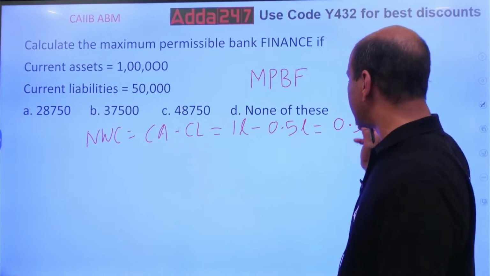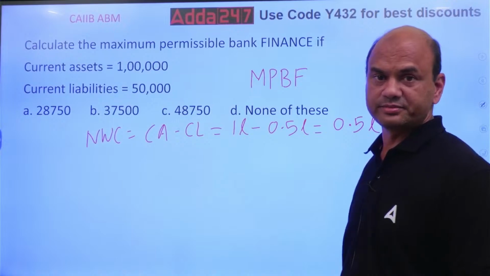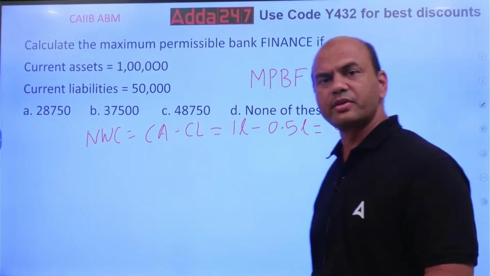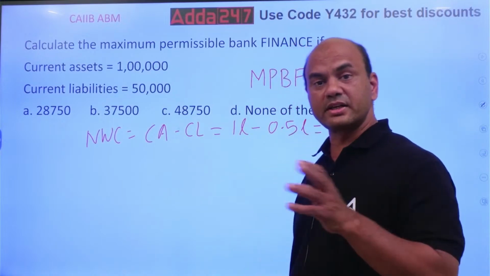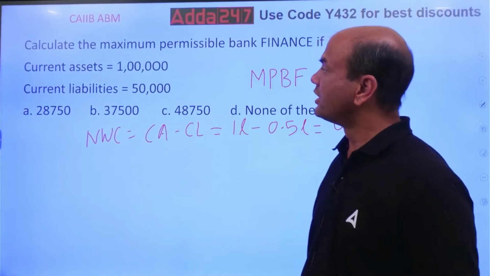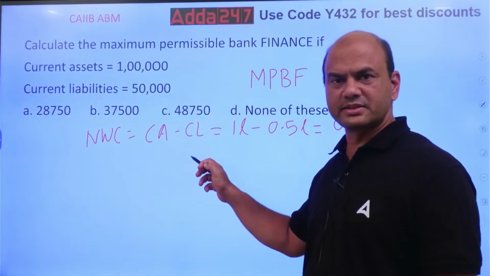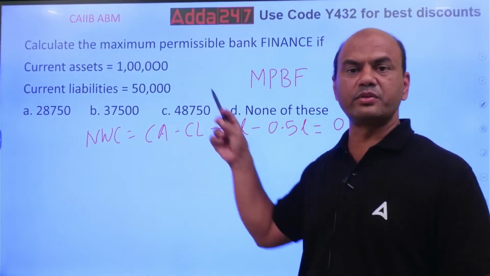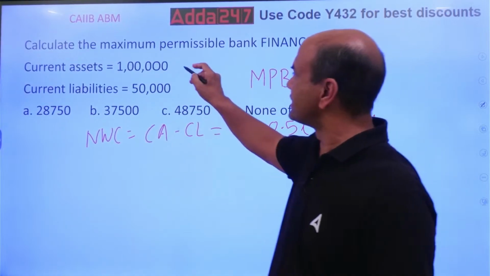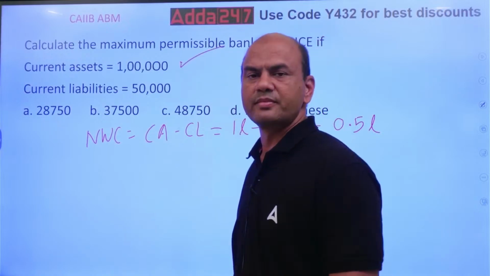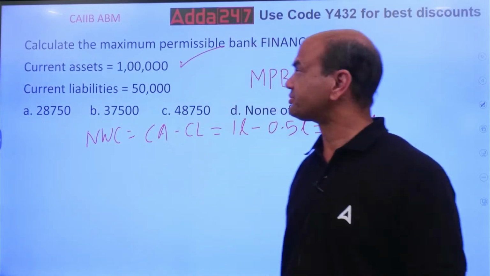This gap is to be filled in. There are 2 types of working capital: gross and net. Net is this, 0.5. If I ask you what the gross is, gross means total current assets.